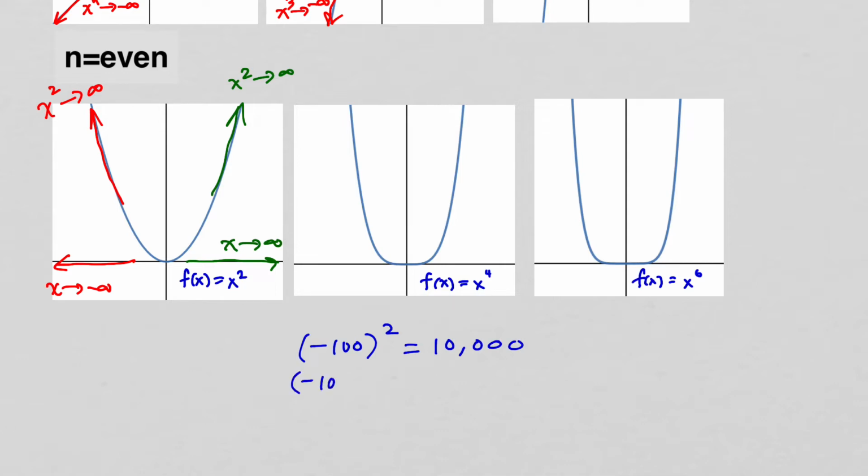If you take a number like negative 100 and you raise it to the fourth power, you are going to get a very large number, 100 million, in fact, okay? So when you square or raise to the fourth power or the 6th power, or any even power for that matter, a very large negative number, you get a very large positive number.